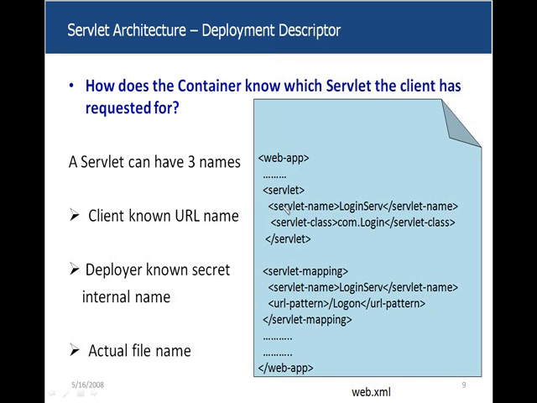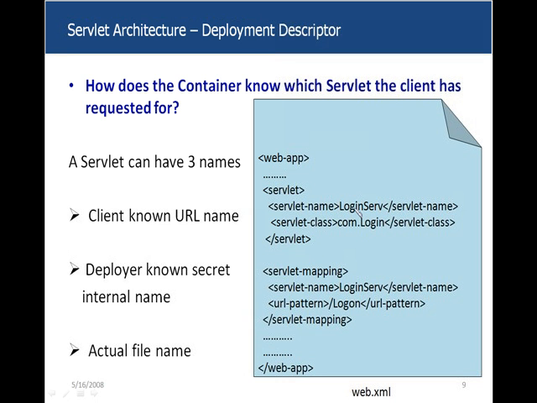As you can see here, it has certain elements like the servlet mapping, etc. We'll discuss what these elements are. Every servlet in the web application should have an entry in this file, the web.xml.